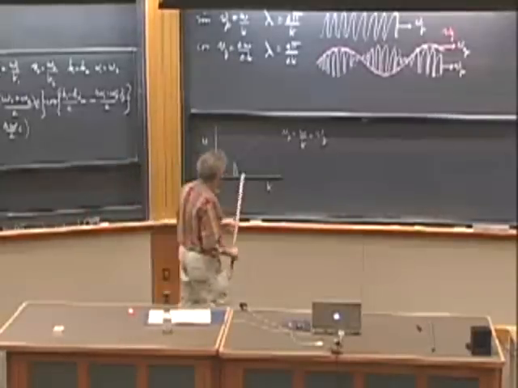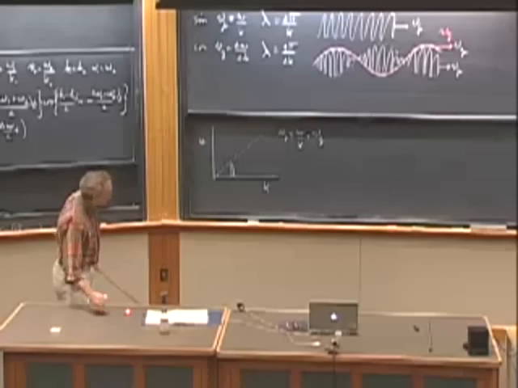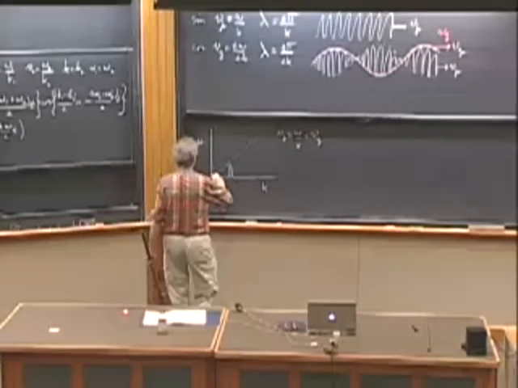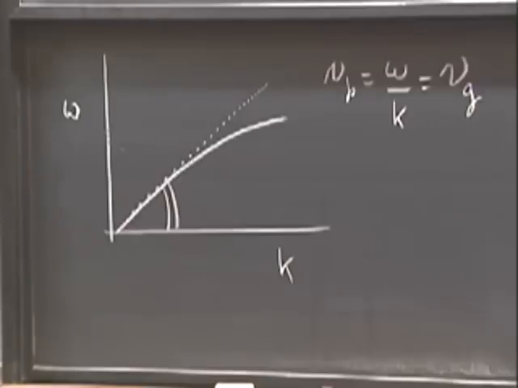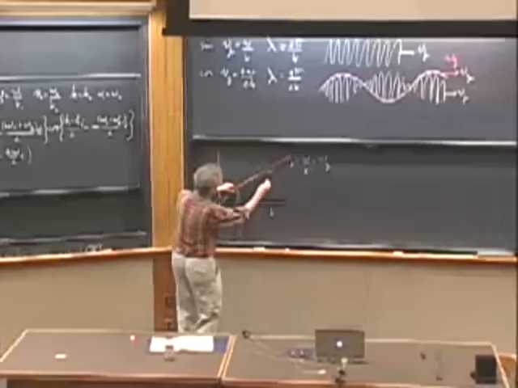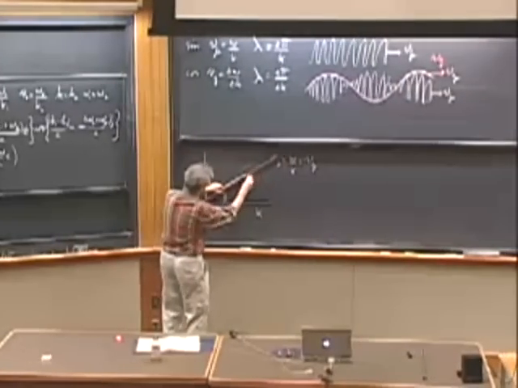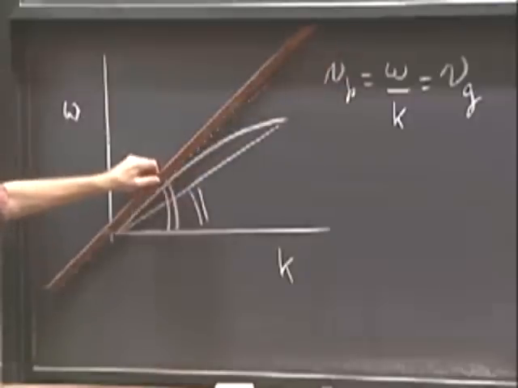I can show you another omega-k relationship now. For instance, the omega-k relationship goes like this. That would be a dispersive medium now. You should be able to tell me whether the speed is higher or lower at high frequencies. Well, the speed of propagation is clearly lower at high frequency because it's dictated by this angle, and this angle is smaller here than it is there.